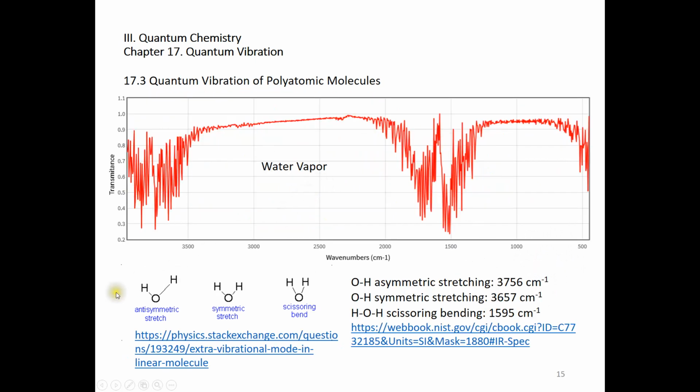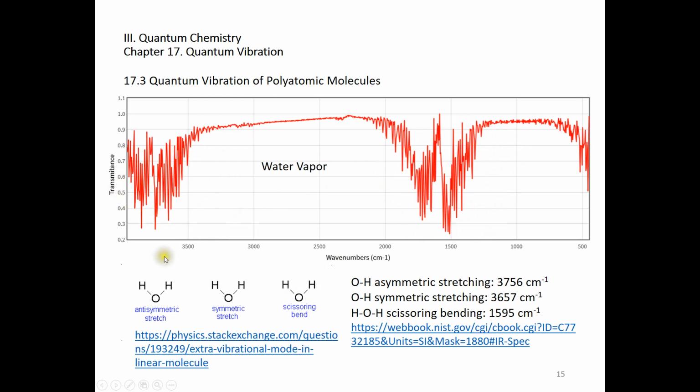Again, this is just the water molecule of 3 atoms and 9 motions. Minus 3 translations, minus 3 rotations, we have 3 vibrations. Anti-symmetric stretching, symmetric stretching, and bending. So bending is somewhere here. All these are bending, and then we have stretching here.